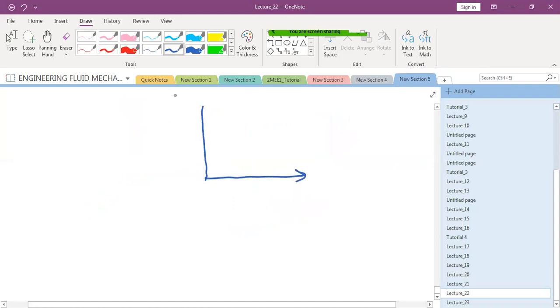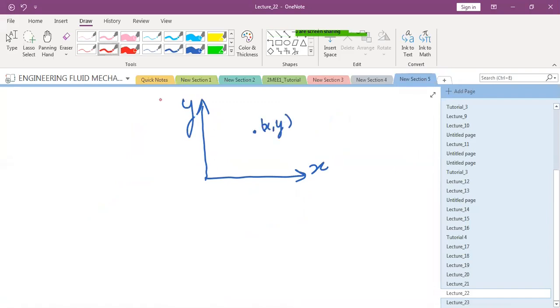This is the xy for two-dimensional Cartesian coordinates. So this is some point R comma theta, xy, and say this is the vector joining. So this is R. What is the polar coordinate system, if you remember?